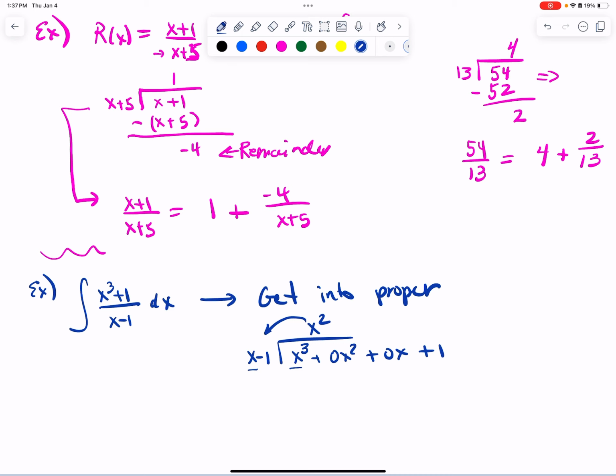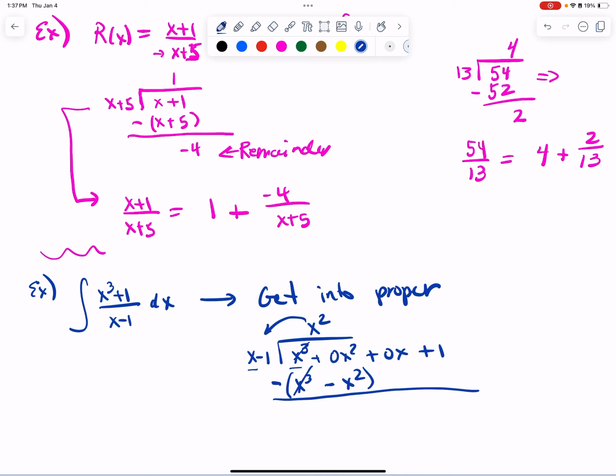All right, so now if I remultiply the x squared and I line things up, I get x cubed minus x squared. I'm still going to subtract off that expression, which means those terms should cancel by design. So x squared minus a minus x squared becomes just x squared.